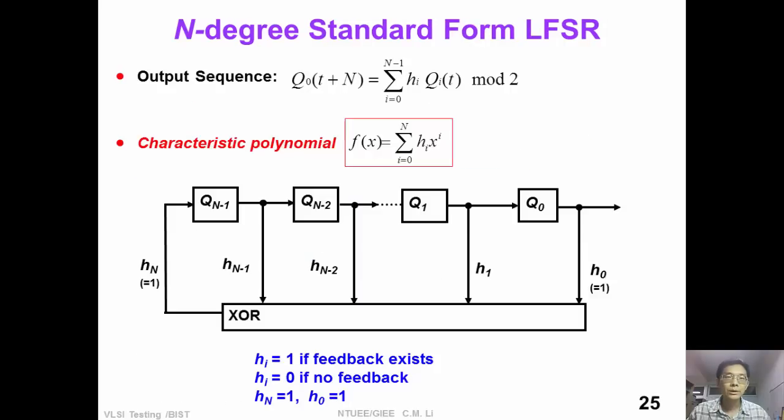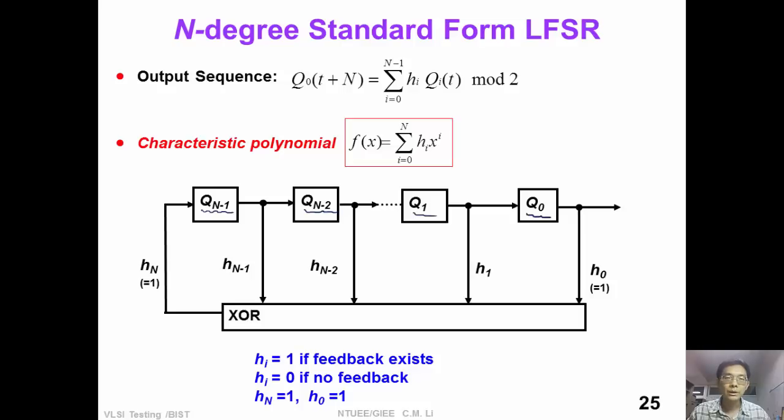This slide shows a general architecture for an n-stage standard form LFSR. In this LFSR, we have n flip-flops, denoted from left to right by Qn-1, Qn-2, Q1, and Q0.